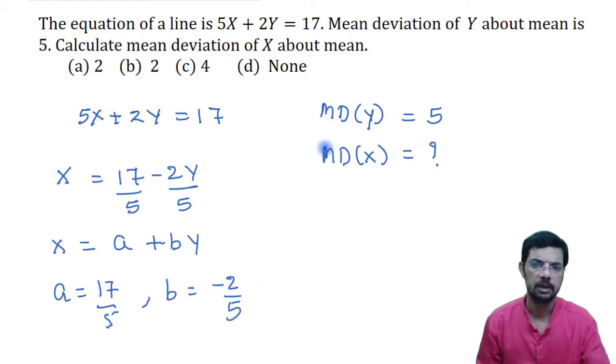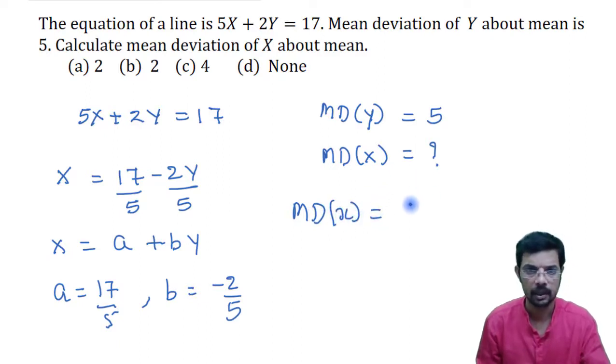We know that if x is equal to a plus b y and the mean deviation of y is known to you, then the mean deviation of x can be found by taking the modulus of b into the mean deviation of y.